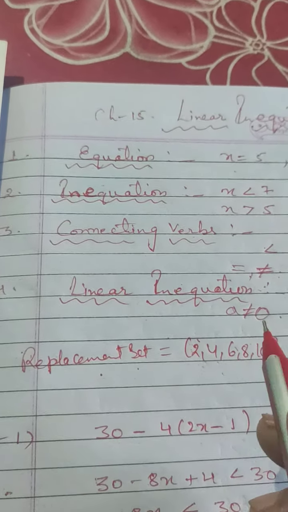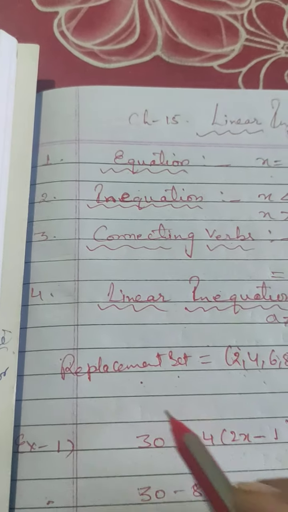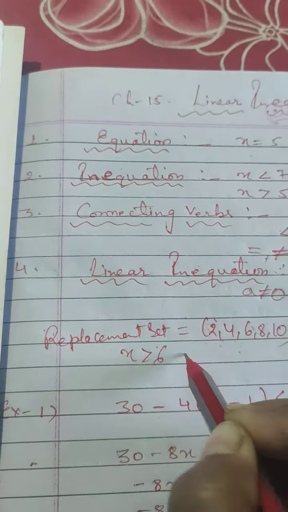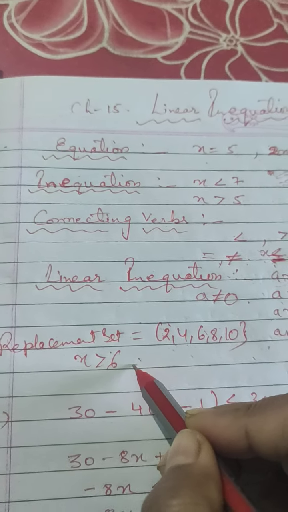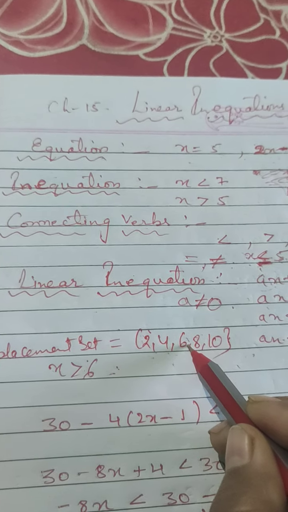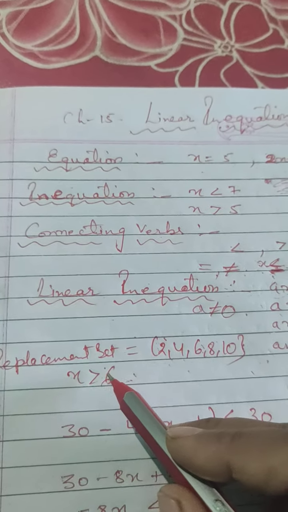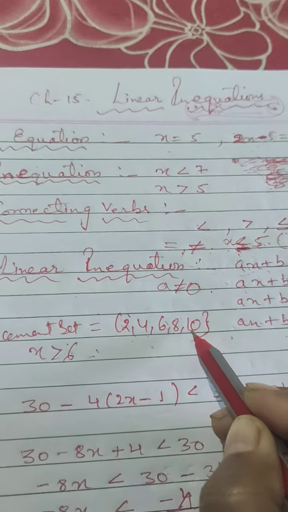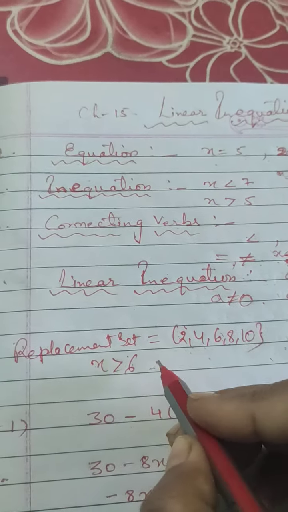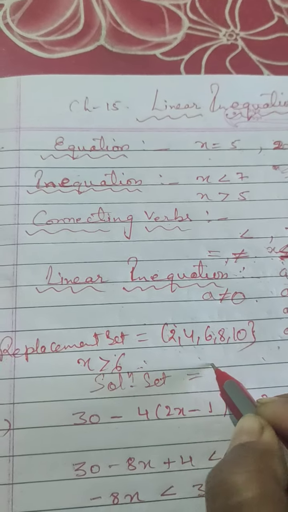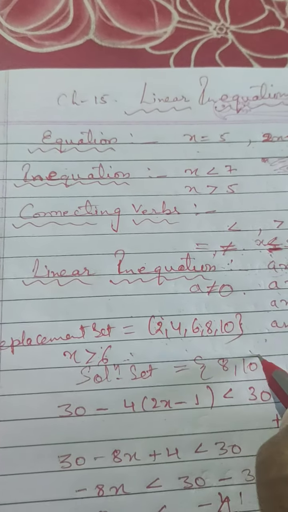Now you have to find the solution set. If the statement asks x greater than 6, suppose. x greater than 6 means you have to take 8 and 10. So the solution set would be 8 and 10.